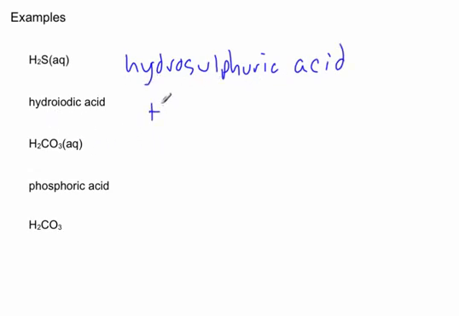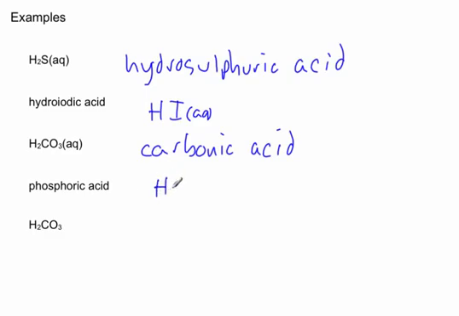Hydroiodic acid, HI aqueous, hydrogen and iodine. H2CO3 aqueous is carbonic acid. And phosphoric acid comes from the phosphate polyatomic ion, PO4 3-. So if you need 3 hydrogens, H3PO4 aqueous.